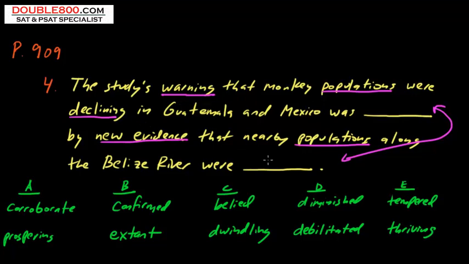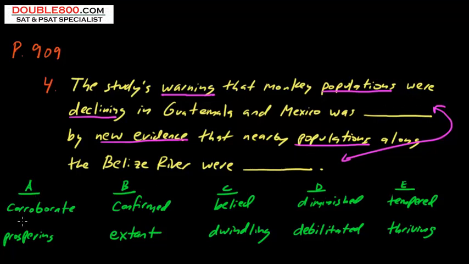If that were true, then this has to be another declining word. But if the population warning stated was refuted or disproven, then nearby populations would be increasing. So you really have to make sure you understand that these two are the opposite.